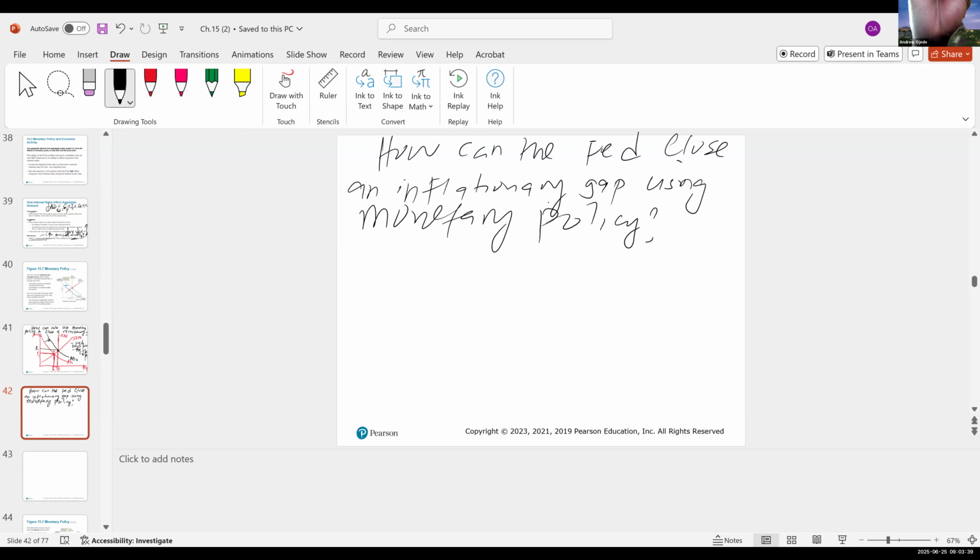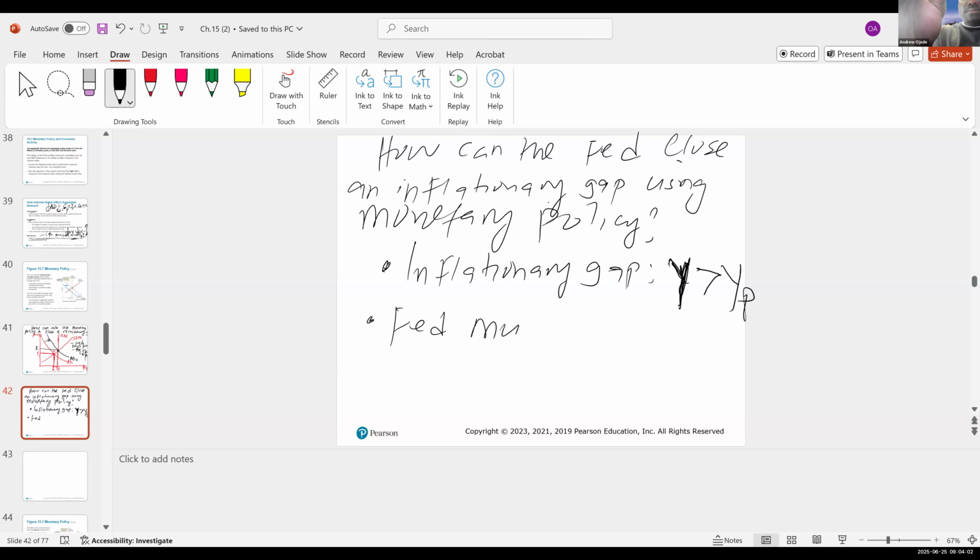So again, inflationary gap, remember, means what? Inflationary gap means your actual output, Y, is greater than your full potential output, YP. We saw this in chapter 13. So in this case, the Fed must sell securities or bonds to banks and to the non-bank public.